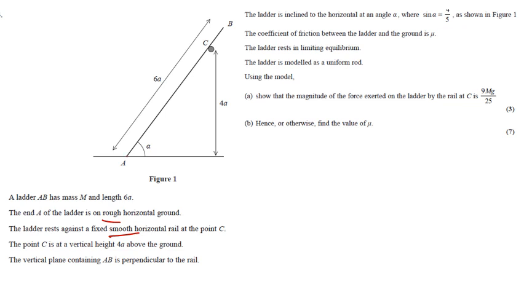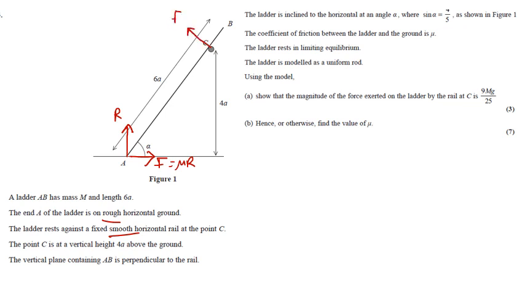So at A, first of all, you've got just the reaction force of the ground pushing back up against the ladder. That's R. Because the ground is rough, there must be a frictional force acting to the right. We'll just call it F, and that's equal to mu times R. And then at C, no frictional force because it's smooth, but there is still a normal reaction force.